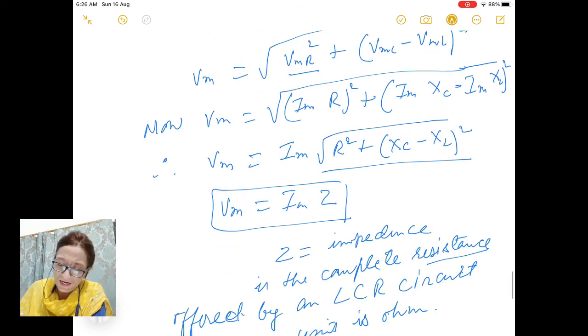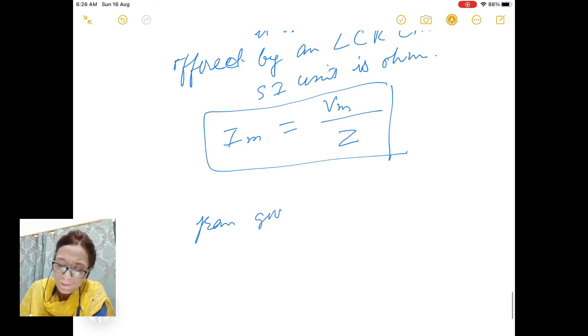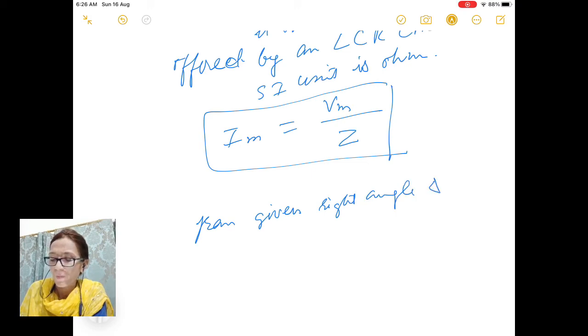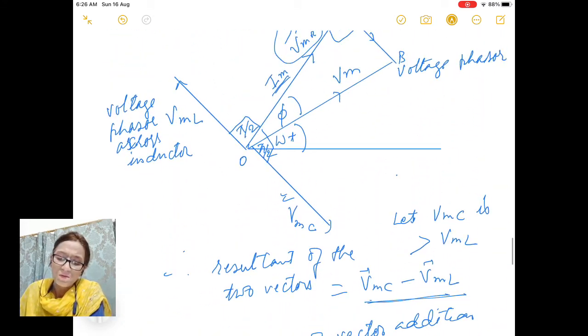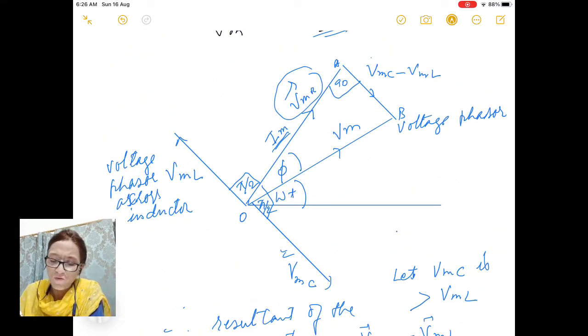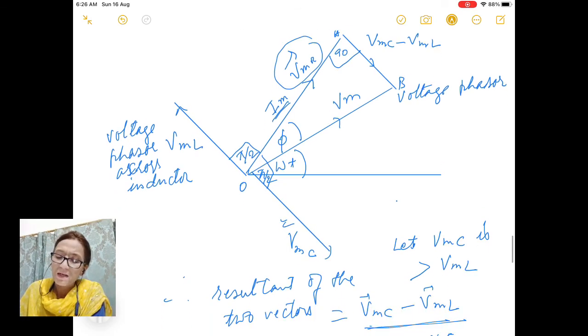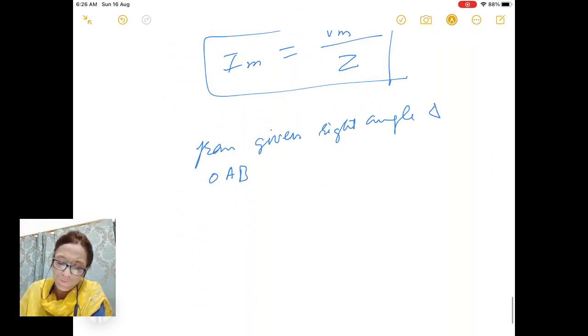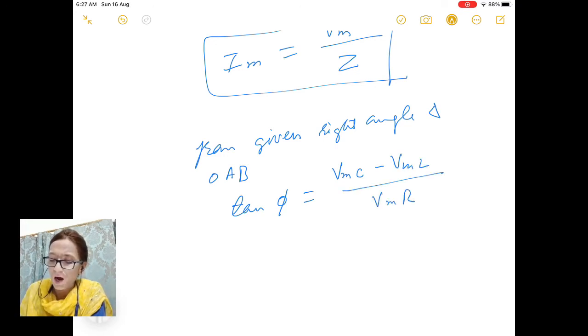In the given right angle triangle OAB, you find tan phi. So tan phi is equal to perpendicular upon base, which is equal to VMC minus VML divided by VMR.